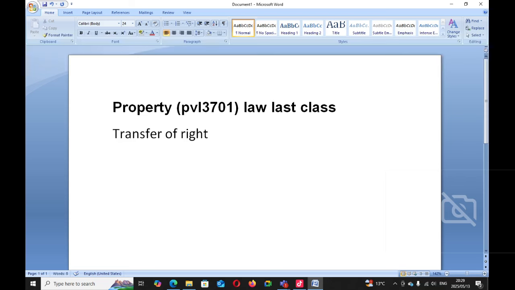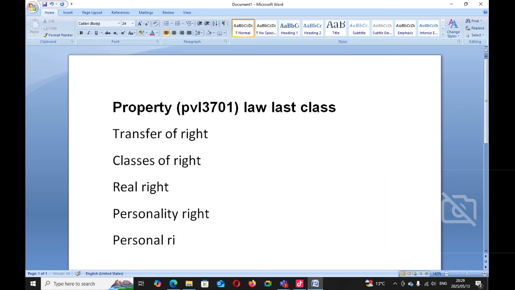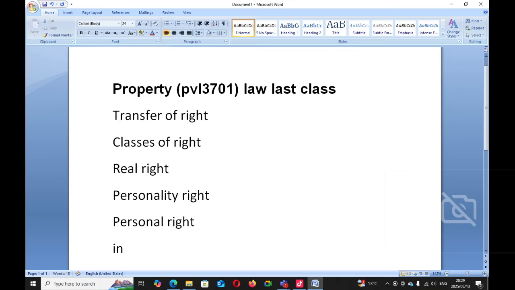Now, I've already told you that when we were doing ILW, we learned about the classes of right. In the classes of a right, we have number one, a real right, a personality right, a personal right, and lastly, an intellectual right.